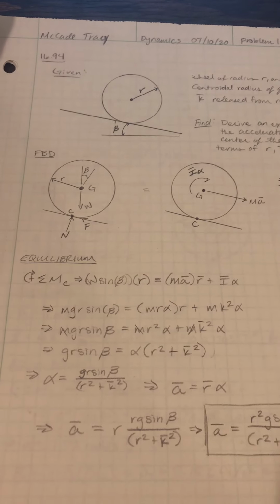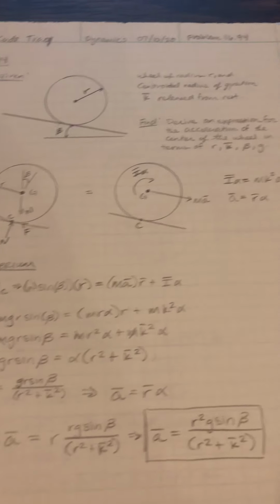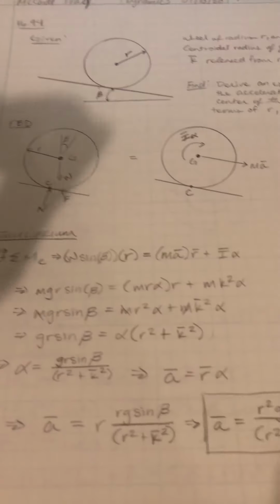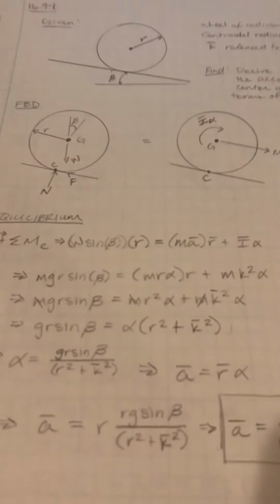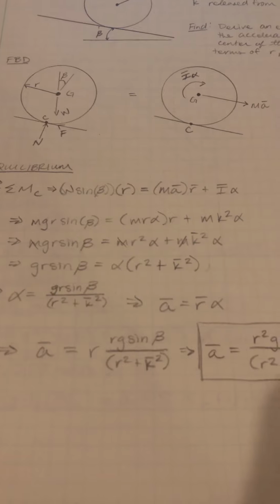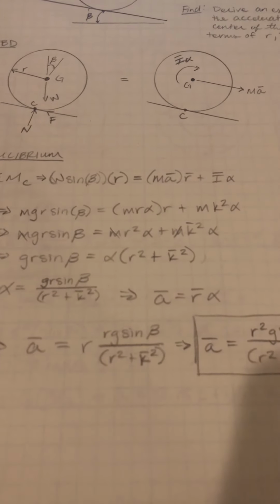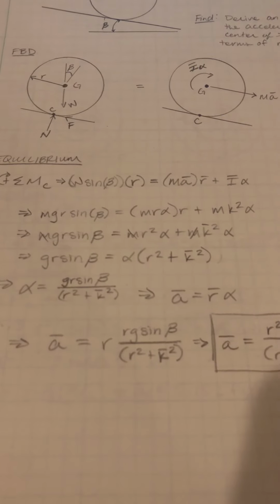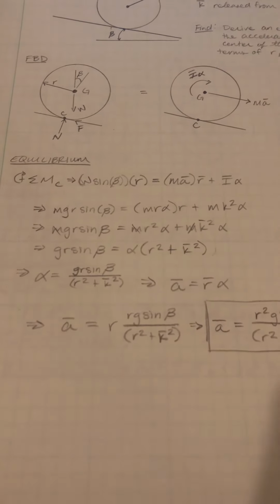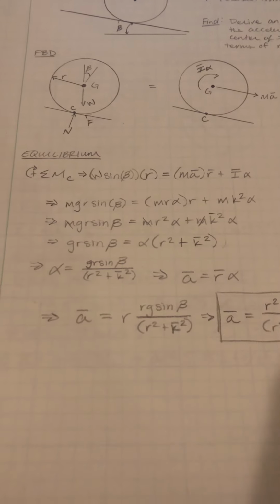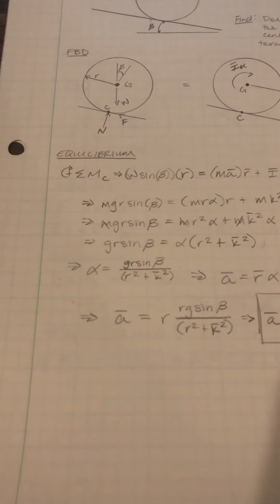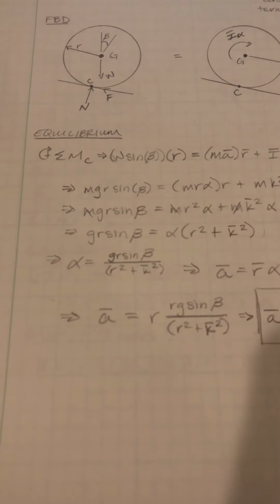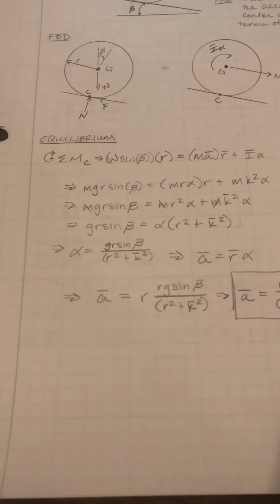Plugging in, we have m g r sine beta is equal to m r alpha times r plus m k squared times alpha. Doing some simple algebra, we find that alpha is equal to g r sine beta over r squared plus k squared.